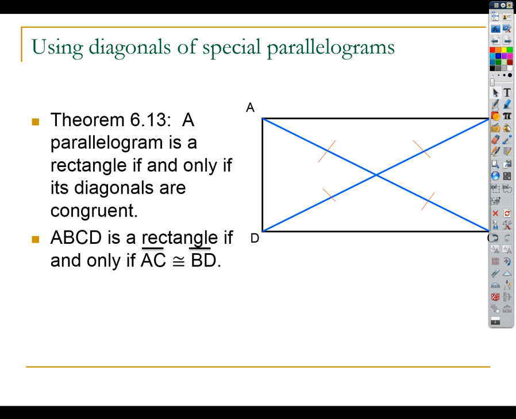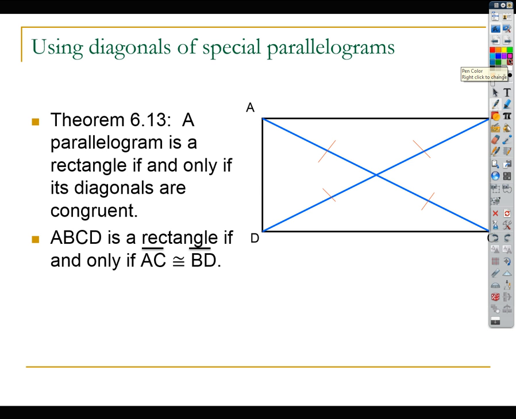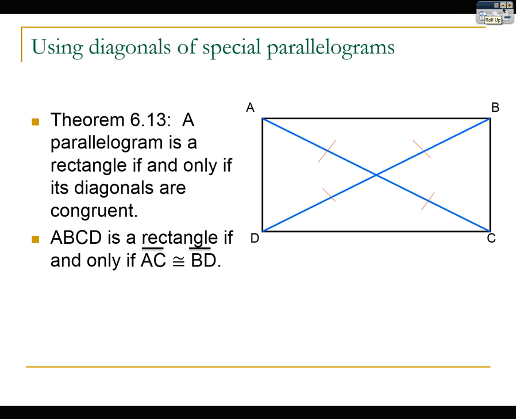Like if we knew it was a rectangle, and I had something like AC equals x squared plus 3x, and BC equals negative 2x minus 12. What could I do to solve for x?